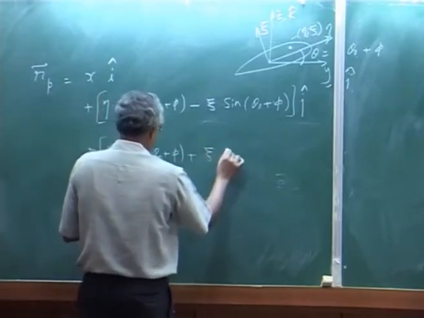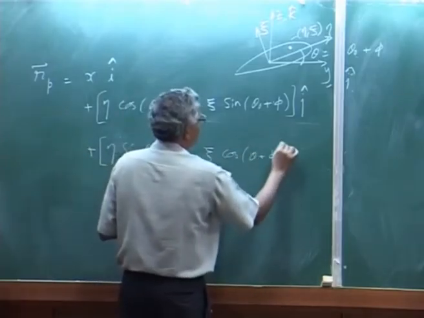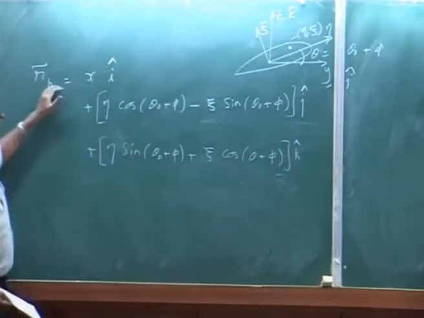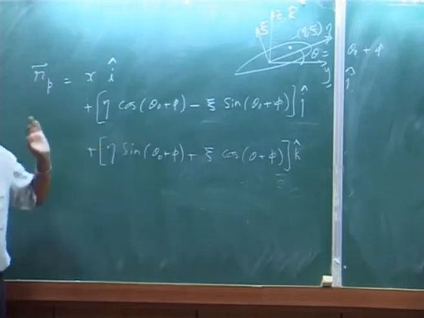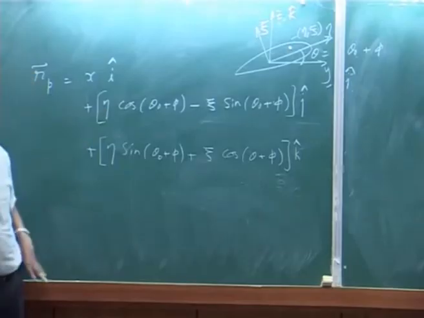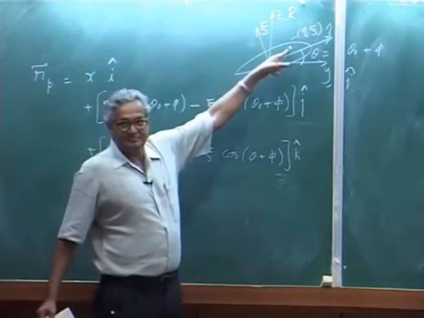Now this is my position vector in the rotating frame of any point P in the cross section. This is the position vector of any point on the blade.